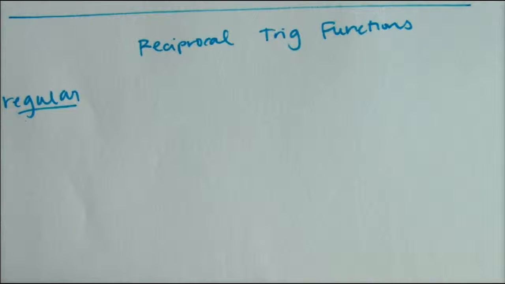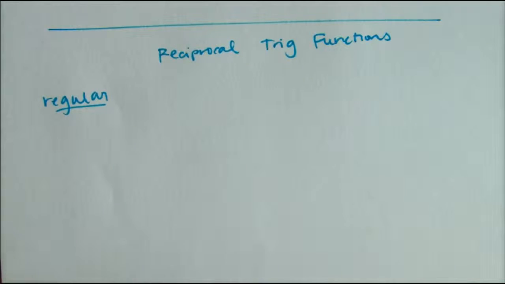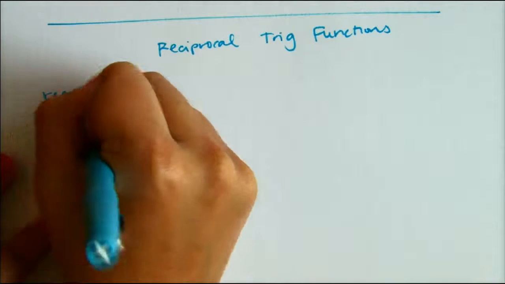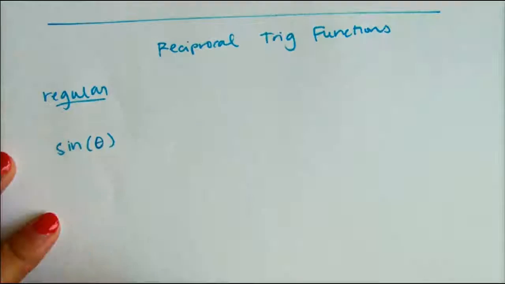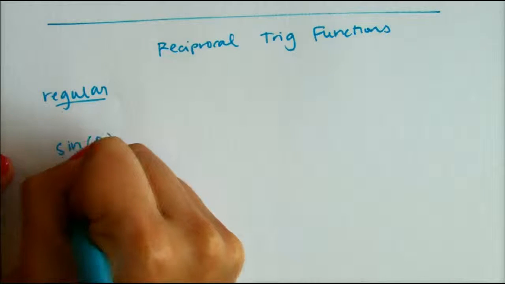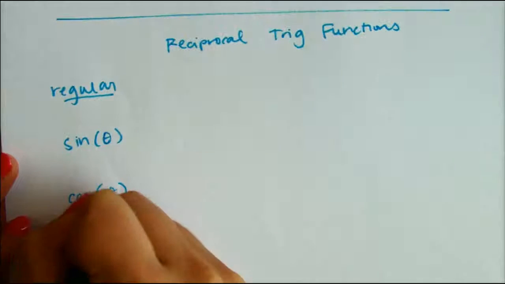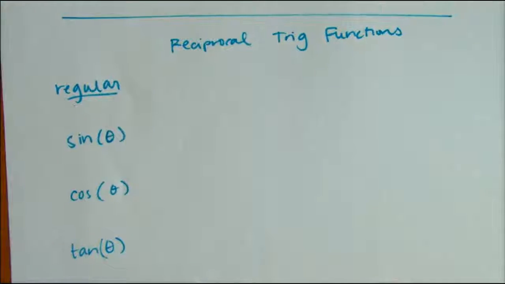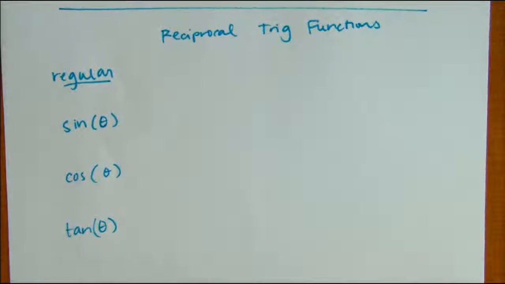So not talking about inverses now, just reciprocals. We're going to ignore inverses for just a little bit. Our regular trig functions, we know we have sine of some number, cosine of some number, and tangent of some number. And those are our three regulars, our three starting points.